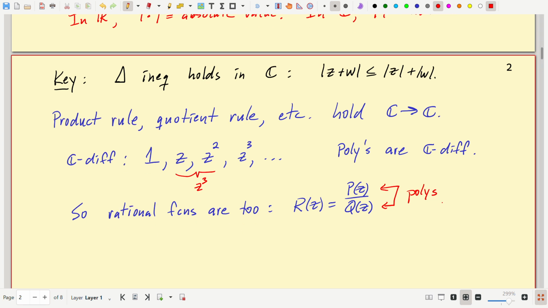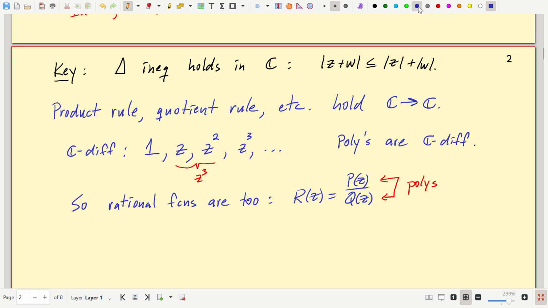And that rational function is C differentiable where the denominator is not 0, where Q of z is unequal to 0. Just like in the real case. Okay.